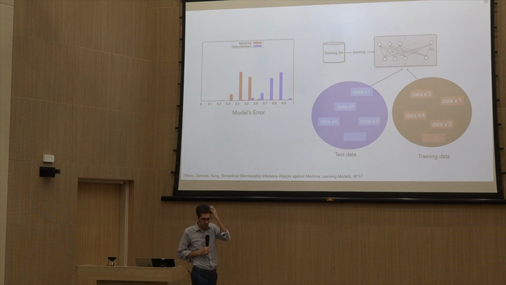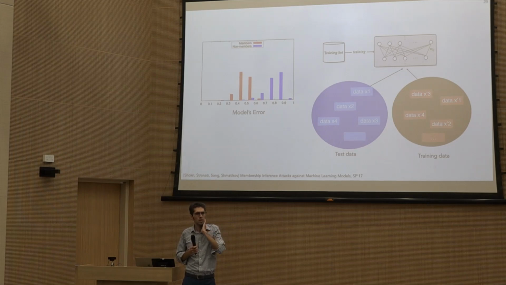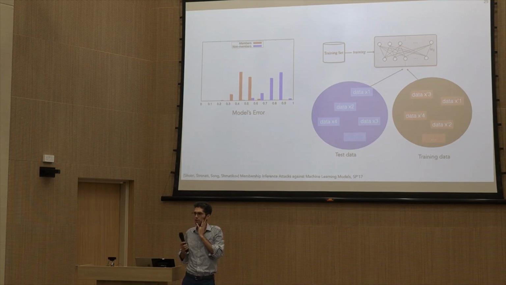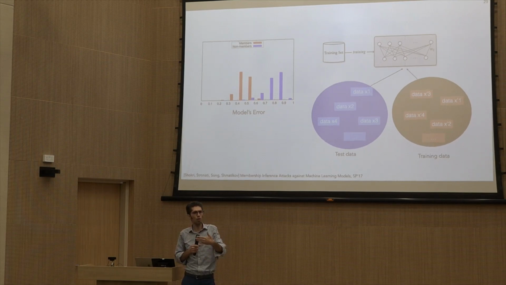We can go back to the idea mentioned earlier: the error or the loss of the model on the training data happens to be much smaller on average than the loss and error of the model on the test data. So let me compute the loss distribution under the null hypothesis on the same target model.